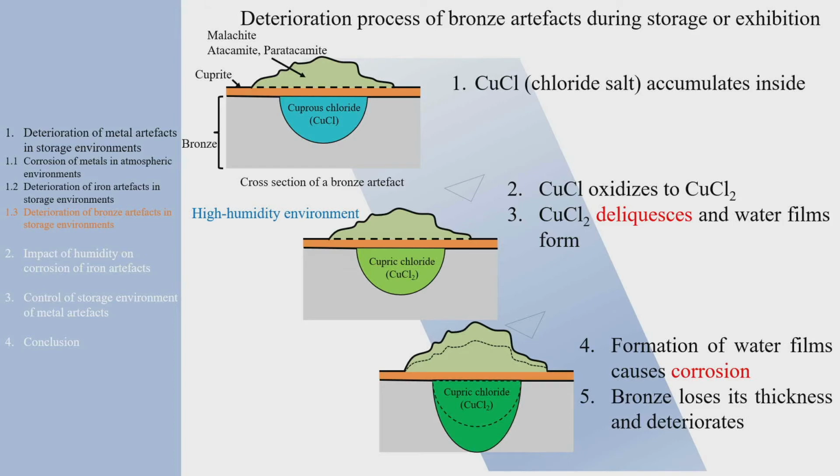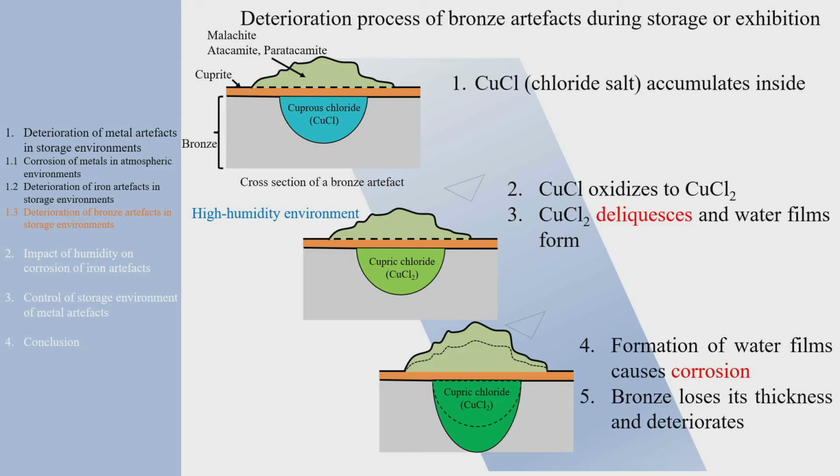The schematic diagrams on the slide show cross-sections of a bronze artifact that developed bronze disease. There are areas in the bronze artifact where copper chlorides have accumulated as corrosion products, and on those surfaces are corrosion products such as basic copper carbonate and basic copper chloride that have been produced.